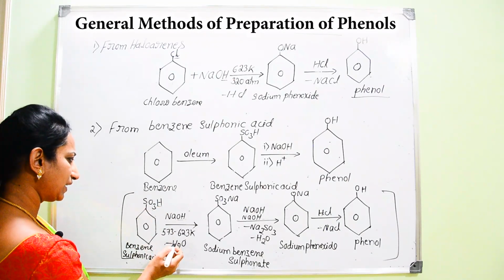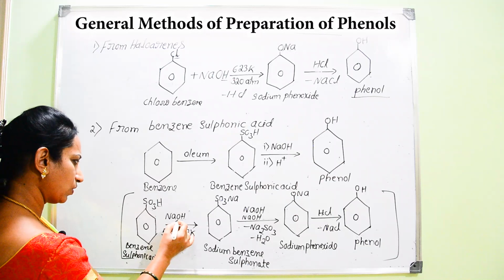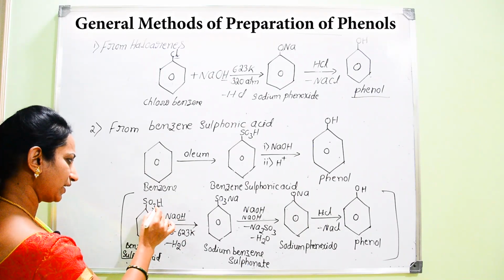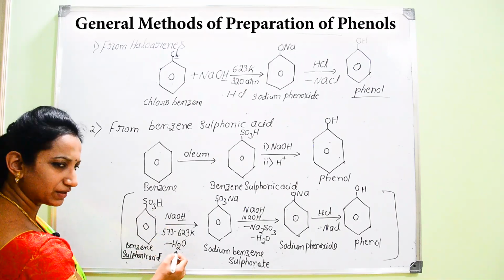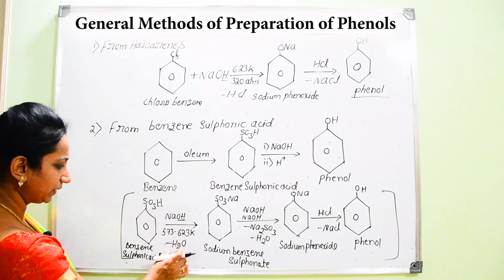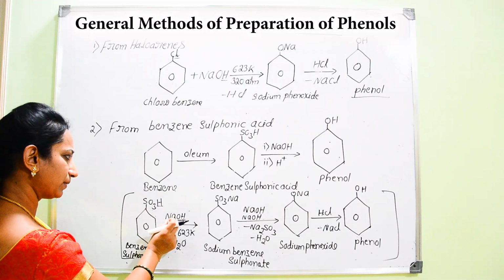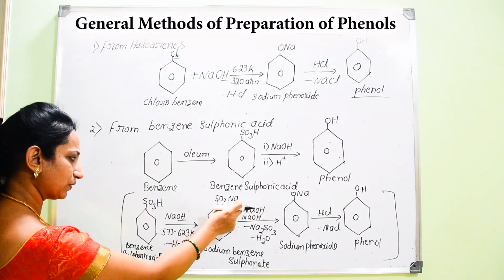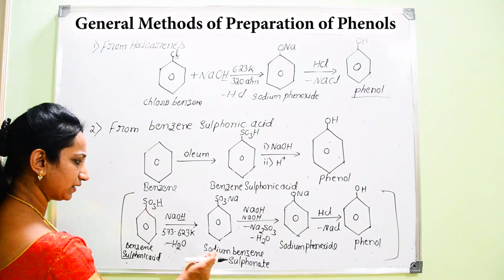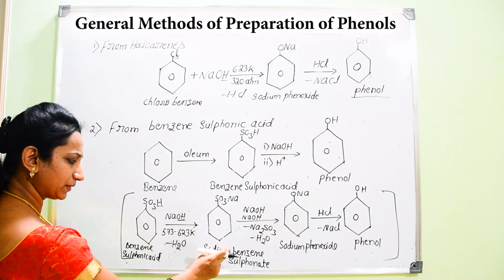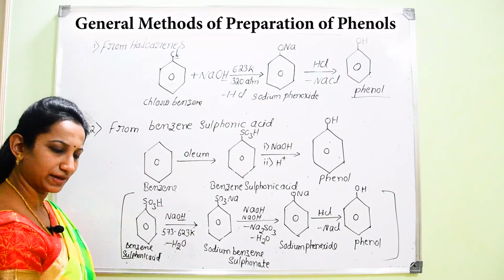Now you can easily guess, this OH group can combine with H. So H and OH minus combine together to give water. There will be removal of water, hence there will be attachment of sodium to this SO3 group. So the resultant product is sodium benzene sulfonate.